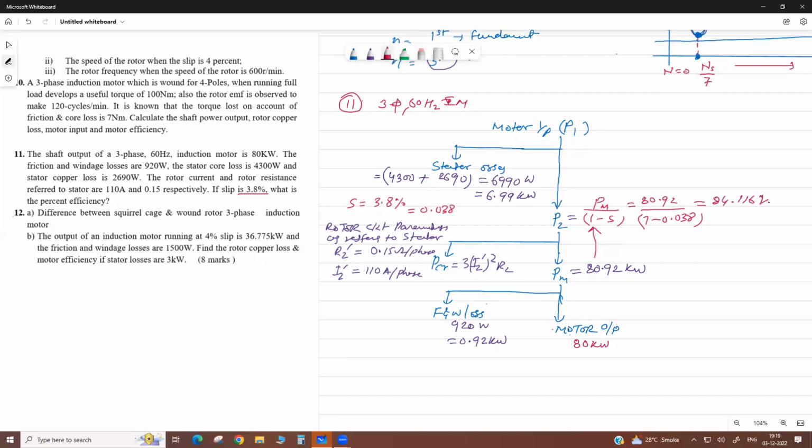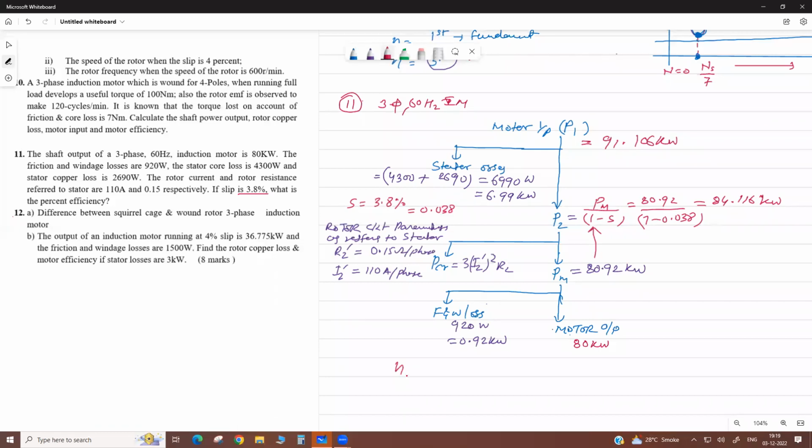84.116 kilowatt. Now from this we add, so we get the motor input, you add in plus 6.99. So it comes 91.106 kilowatt. Okay.